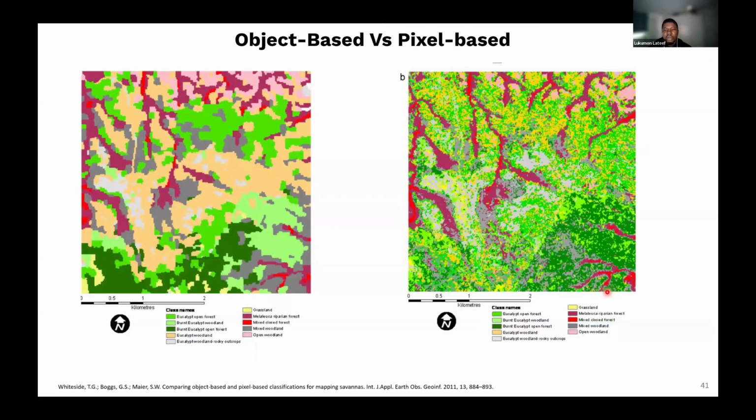This is just to show the difference between object-based and pixel-based. You see some mixed classes in this part. Here you see a grouped class, and they have a defined boundary. This mixed pixel or mixed class result is what they call the salt and pepper effect.